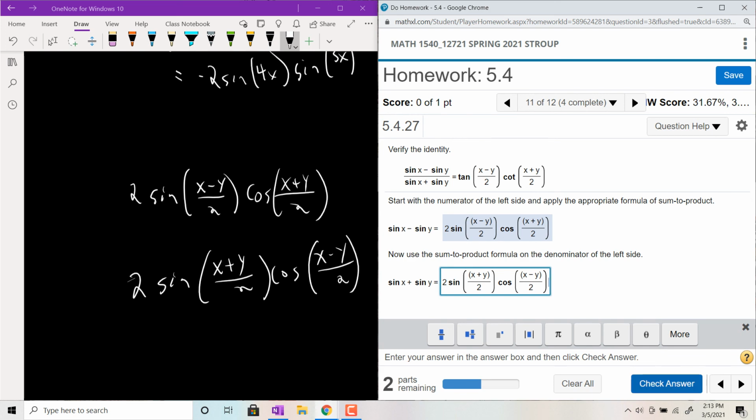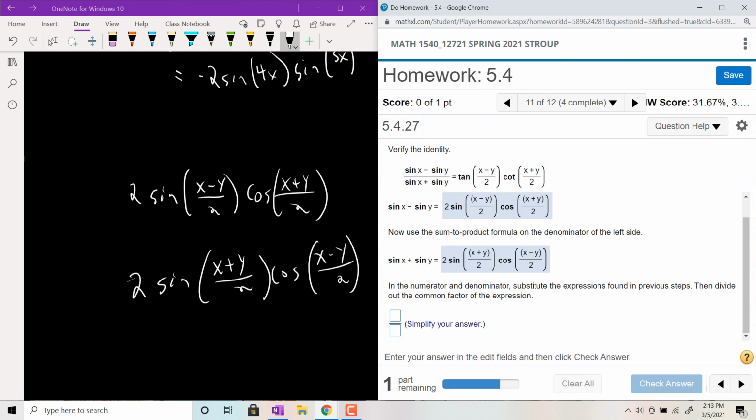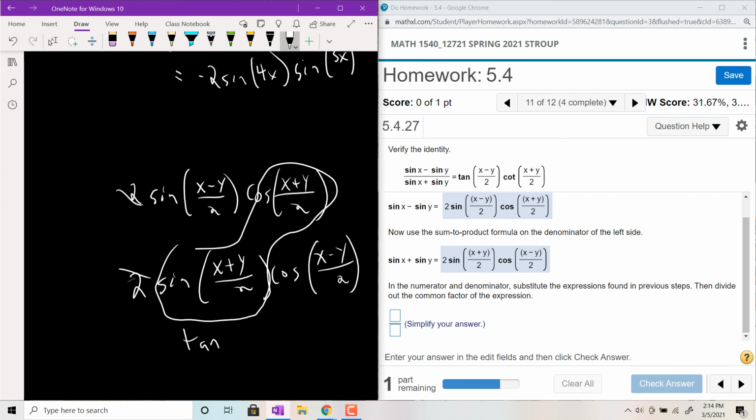Let's see if this one works. Check answer. Yay. Anyways, probably simplify this thing. The 2's are going to cancel, and then you should have a tan from this one, tan of (x plus y) over 2, and a tan from this one, tan of (x minus y) over 2, which looks like the right hand side there.